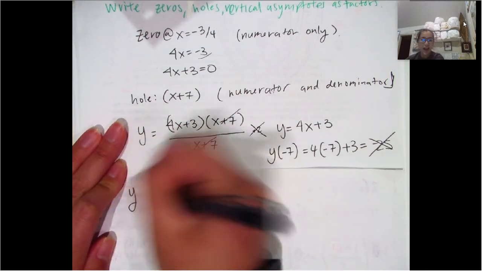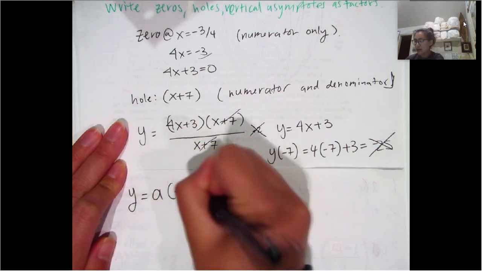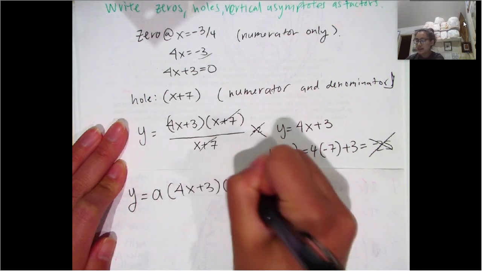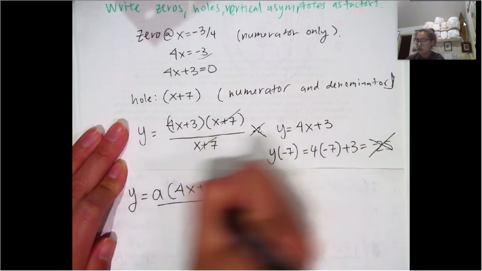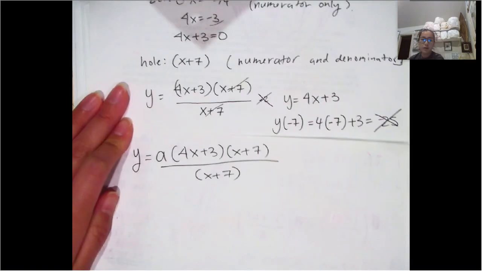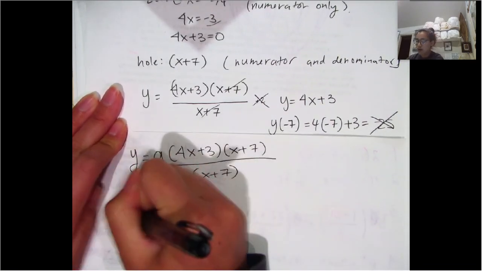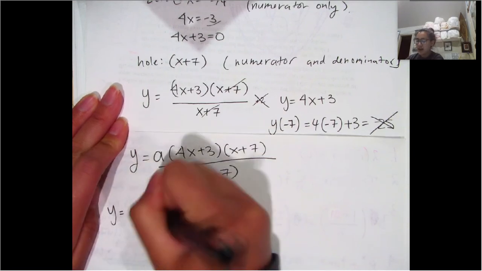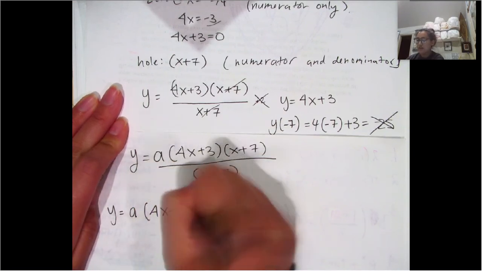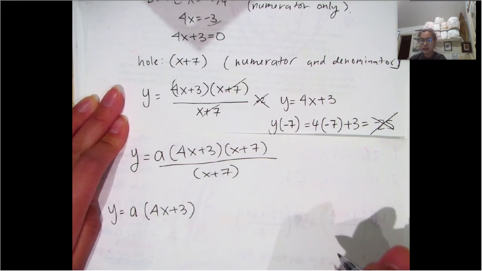So we'll go ahead and multiply by, say, a. So y equals a times (4x plus 3) times (x plus 7) over (x plus 7). If you were to cancel out the x plus 7s, you would have y equals a times (4x plus 3). As we said earlier, when you plug in -7, you want to get 2.